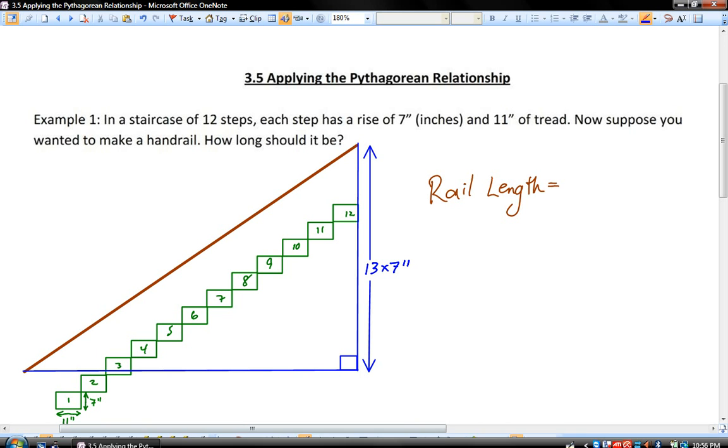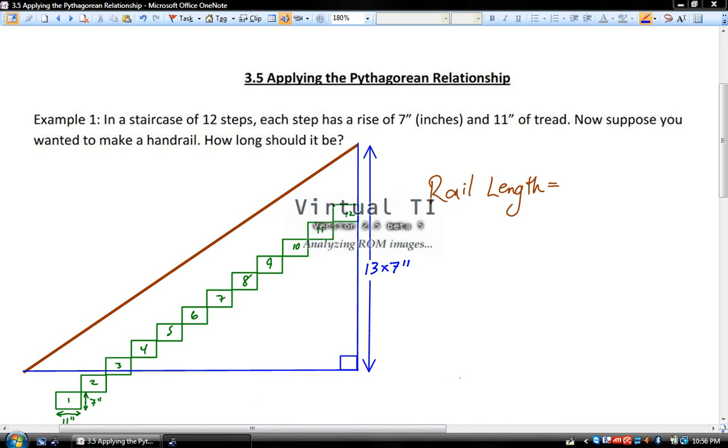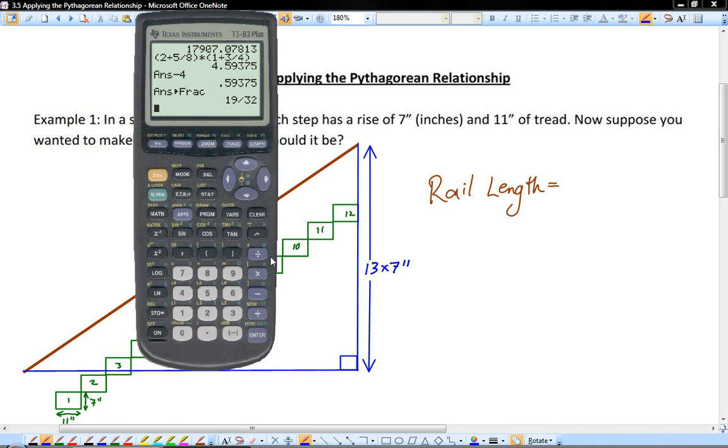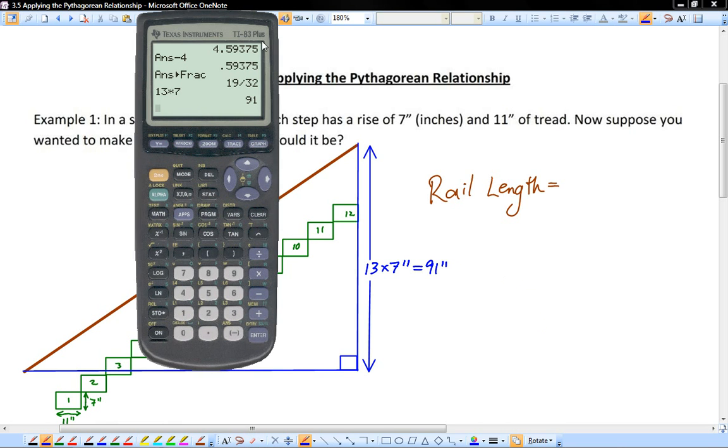And 13 times 7, I can use my calculator to work that out. 13 times 7 is equal to 91. So it goes up 91 inches.